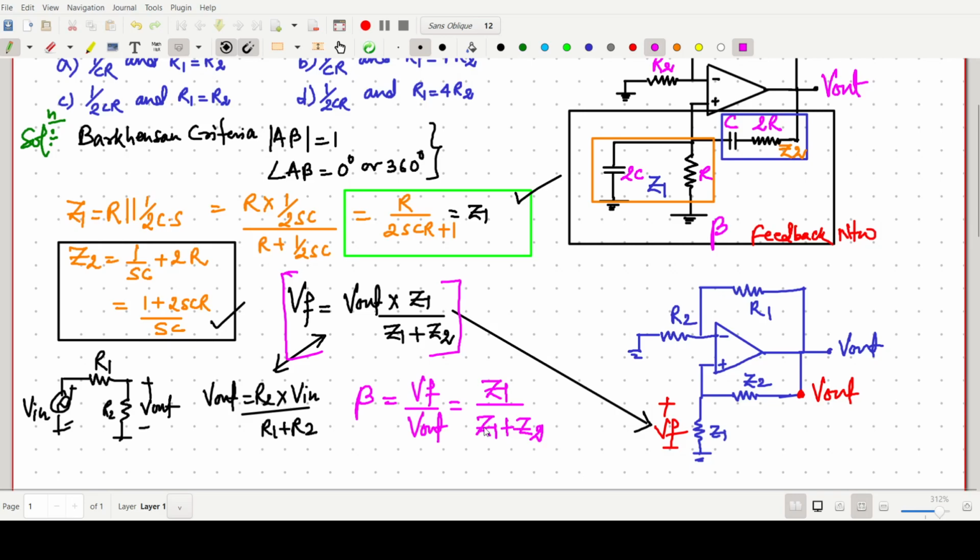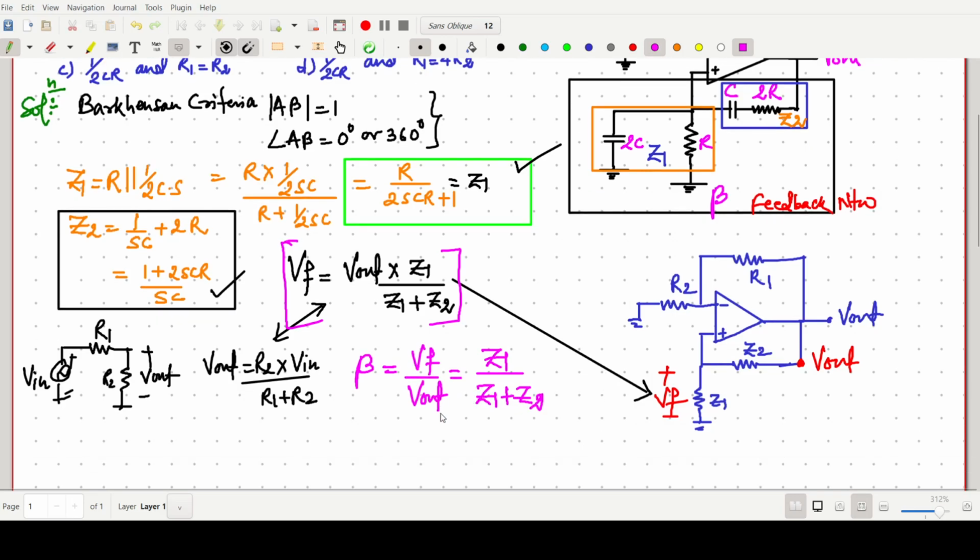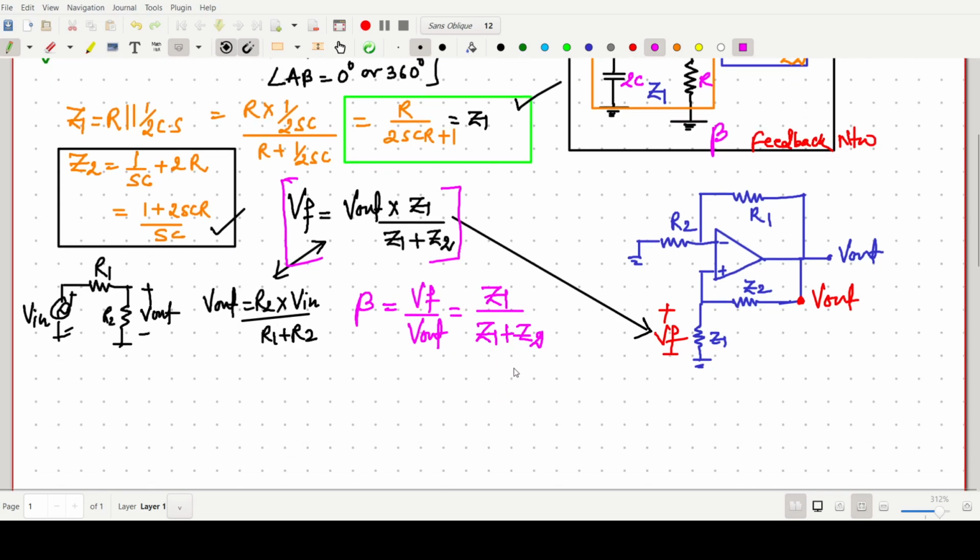Z1 and Z2 are already calculated and known to us, so now we have to do some calculation for beta. Z1 is R by (2SCR plus 1).